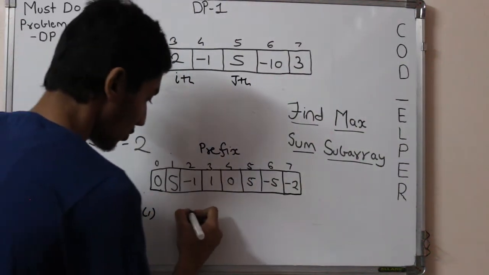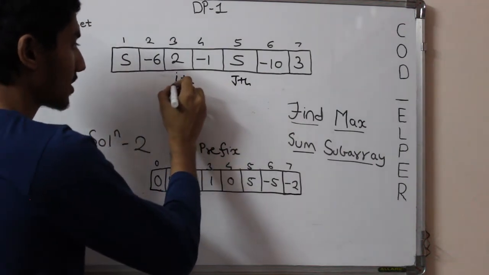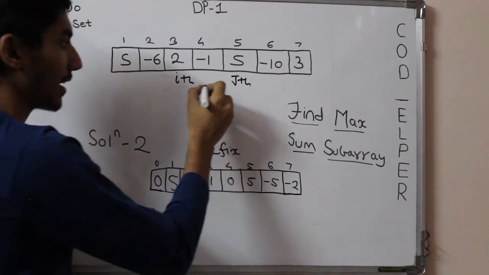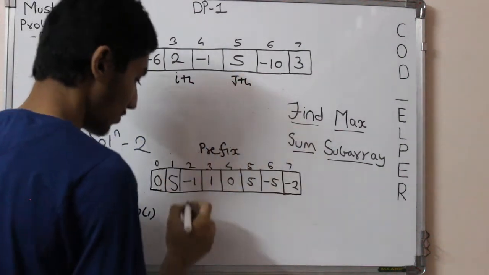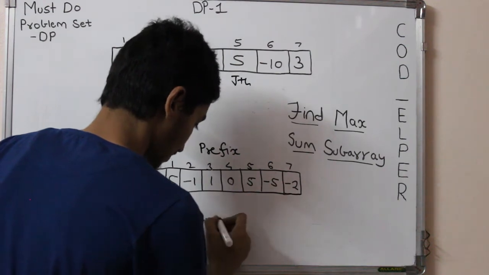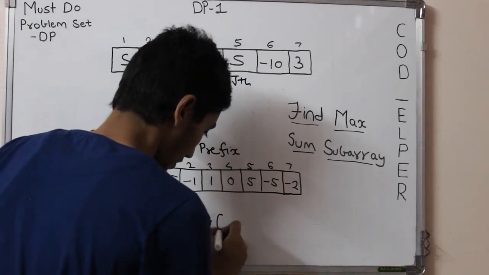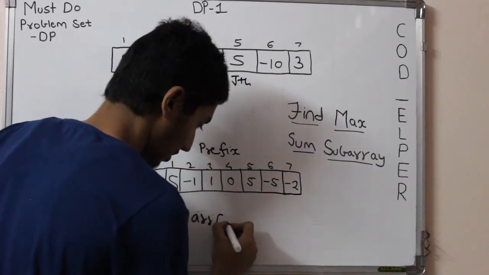Here, to find the sum of a subarray which starts at ith position and ends at jth position, we have to simply subtract the (i minus 1)th position from the jth position.